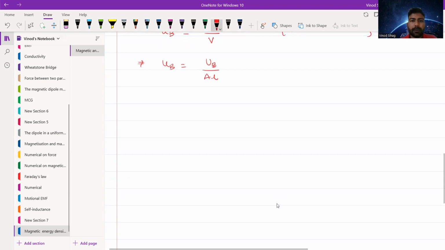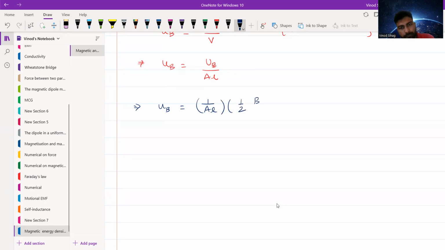Now we will place the expression of capital UB, and finally we will get the magnetic energy density. It will be 1 by A l times UB, that is 1 by 2 B square upon mu naught into A l.